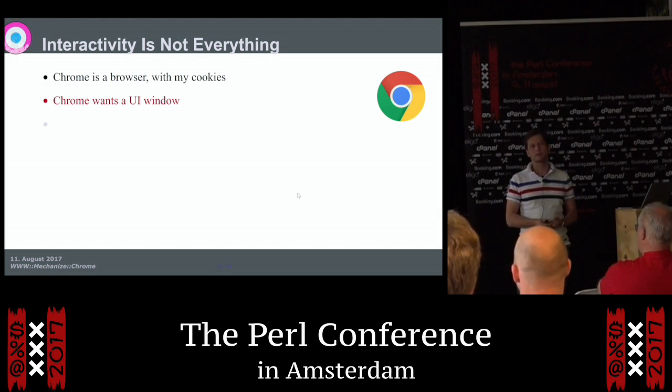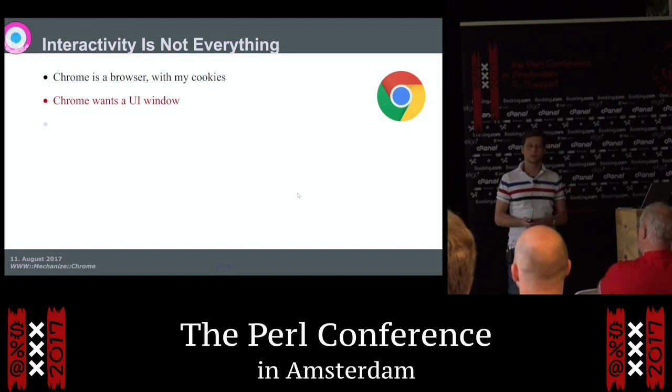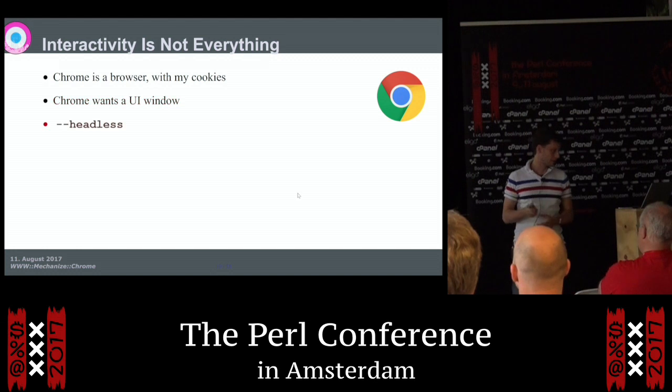There are ways to boot an X server and then have the browser display on that virtual X server. But yeah, it's much, much easier to simply not require any kind of user interactivity if I don't need it.